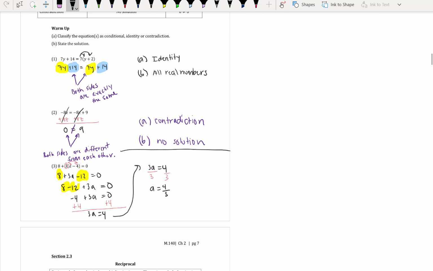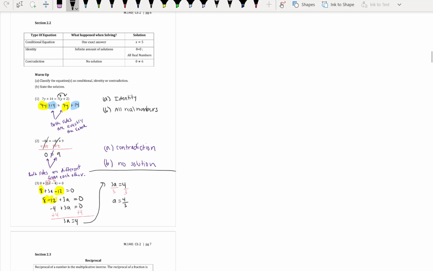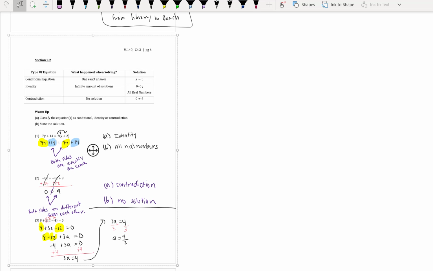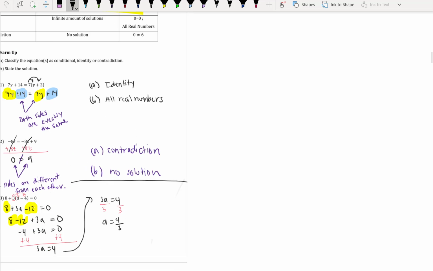Since I actually have a value, if I am looking at the type of equation, since I have an exact value, it's going to be this row. So for part A, you're going to say it's conditional.